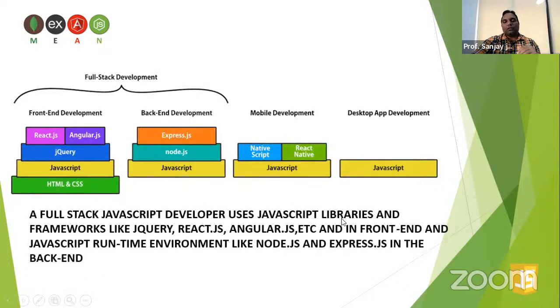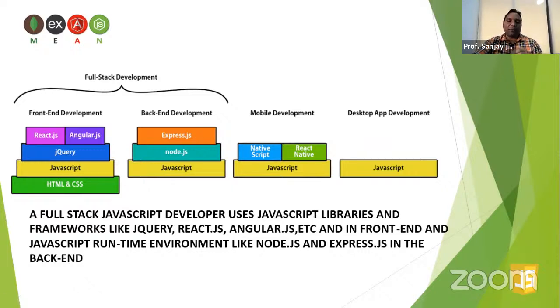But when we talk about full stack development in terms of JavaScript, one thing changes: whether you work on the front end or the back end, everywhere you are going to use some technology that is directly or indirectly related to JavaScript only. So we use JavaScript in the front end as well as in the back end. And therefore, JavaScript is, I will say, a full stack programming language.